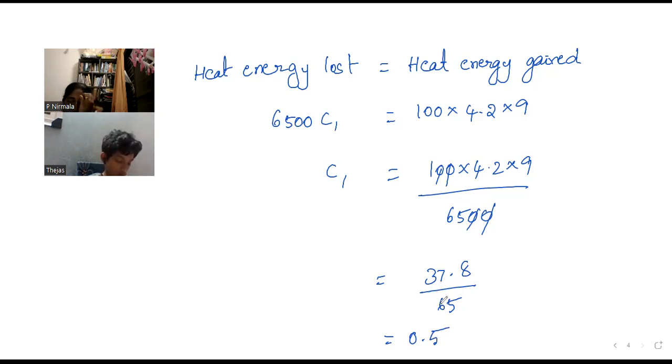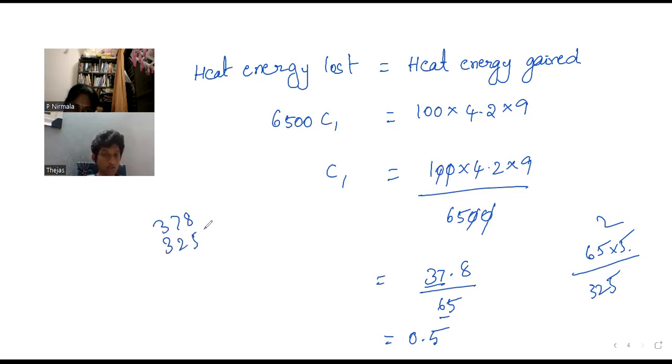So 5 times 6 is 30, 32. Here 6, here 37, 5 times only it will go. Next, 6 times means it will cross. So 378, 325, 3, 5.